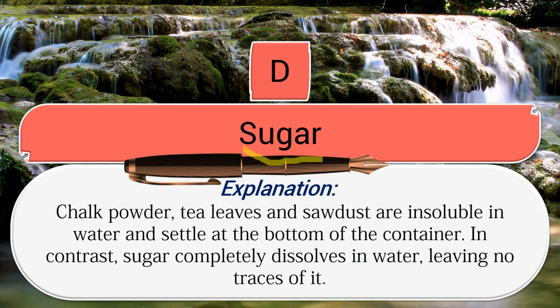The answer is sugar. Chalk powder, tea leaves, and sawdust are insoluble in water and settle at the bottom of the container. In contrast, sugar completely dissolves in water, leaving no trace of it.